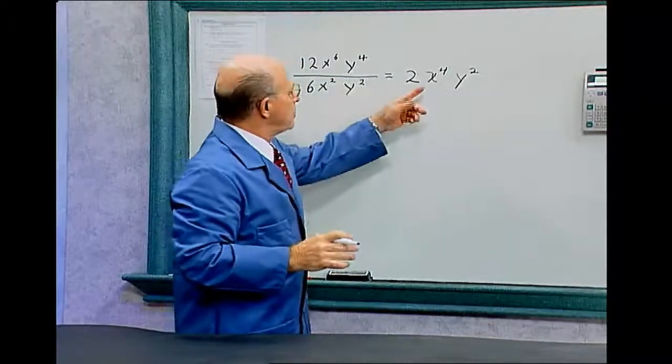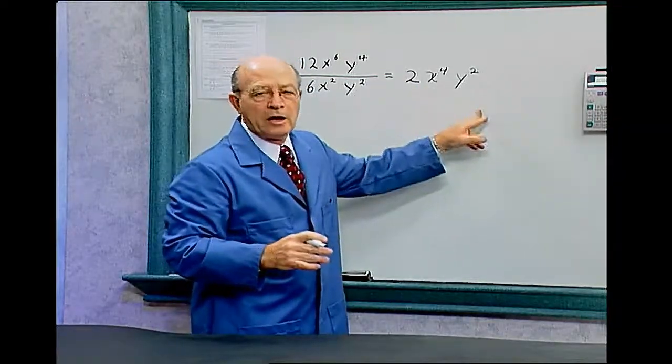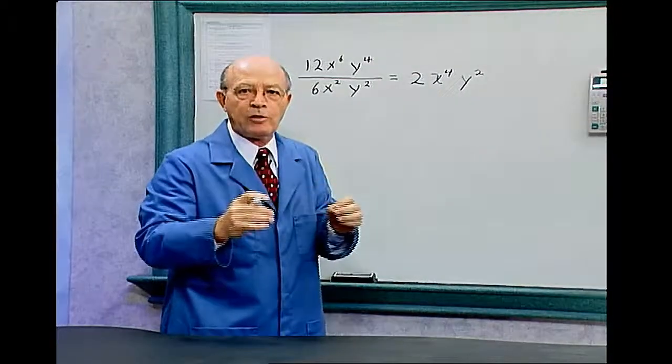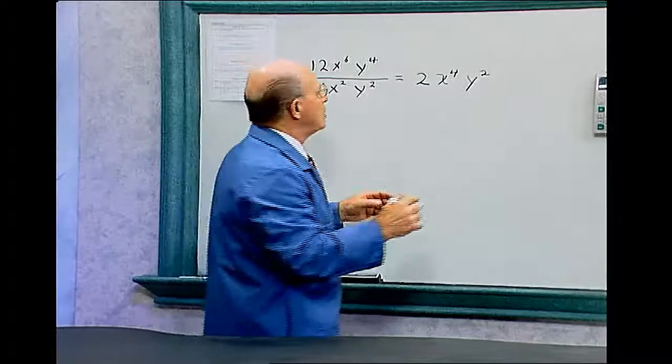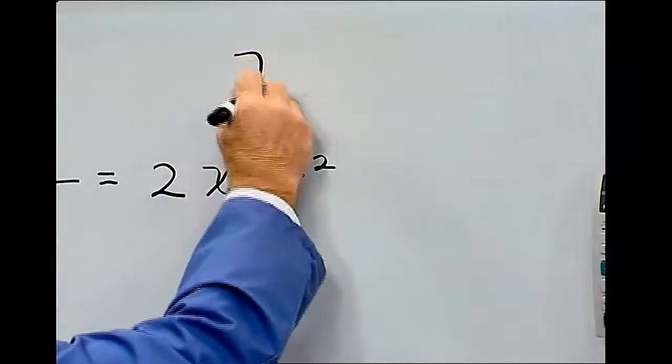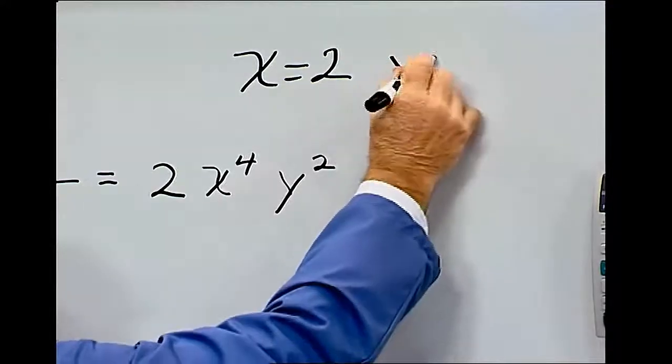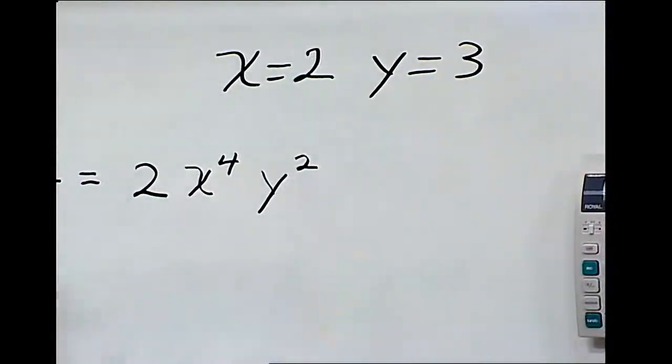Now we're going to give x a number and y a number. You could give it any number for what we're doing, but we're going to use very small numbers because it's a lot easier. So we're going to make x equals 2 and y equals 3.